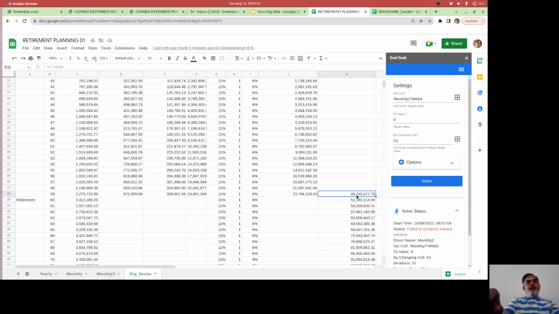And at the end of the 60th year, that is 1 year after the retirement, the value is rounded off.